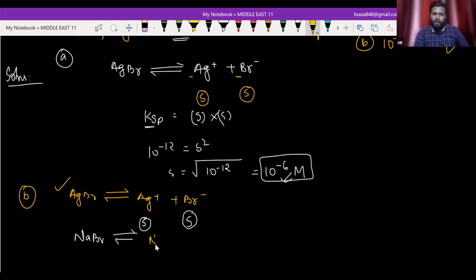If you dissociate this, it gives Na plus and Br minus, and NaBr has a molarity of 10 raised to the power minus 2 M, that means 0.01 M.